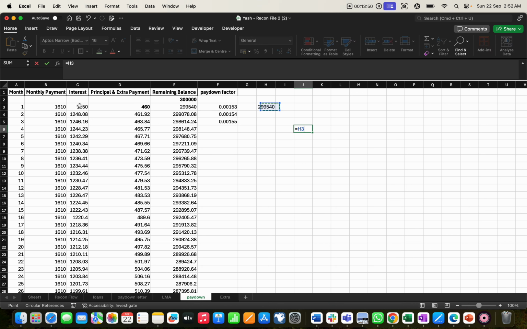For example, the amount is 460, and the loan amount he has taken is 3 lakh, so it is 0.53 something. Every month if we calculate this part, it is increasing.